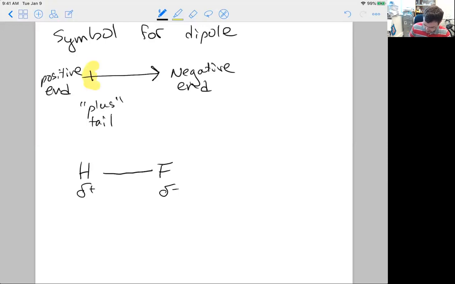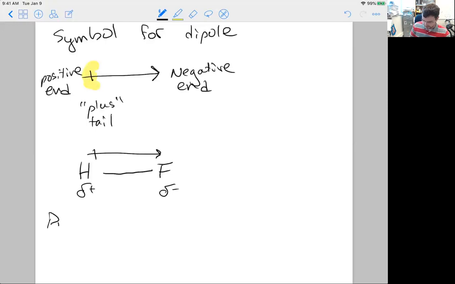Alternatively, we could have our dipole arrow extending from the hydrogen to the fluorine atom, with a plus tail on the hydrogen and the arrowhead going towards the fluorine. I remember to draw my arrow because I align the plus tail with the partially positive charge of the two bonded atoms, making a dipole.